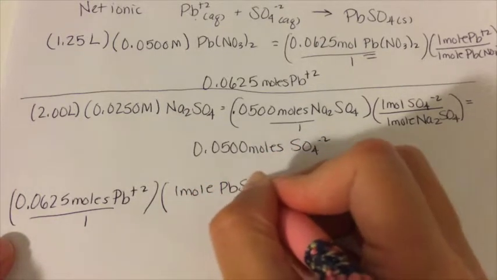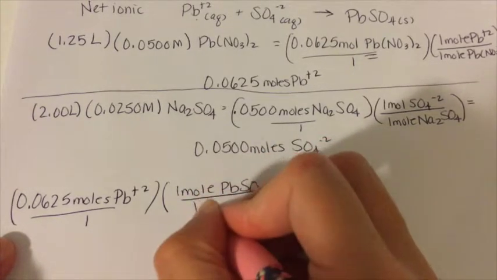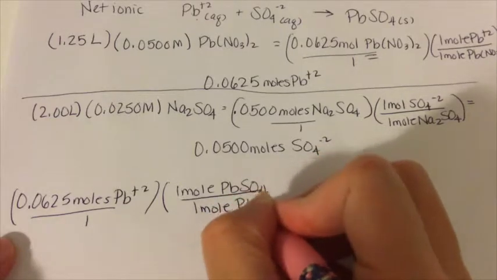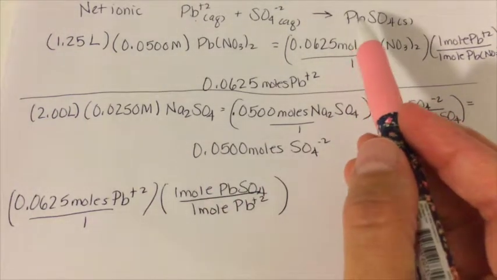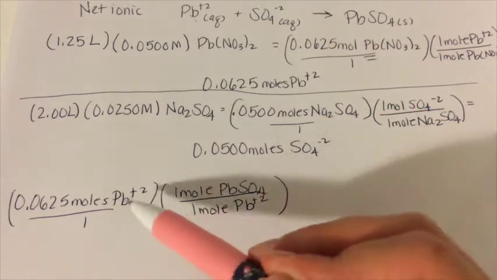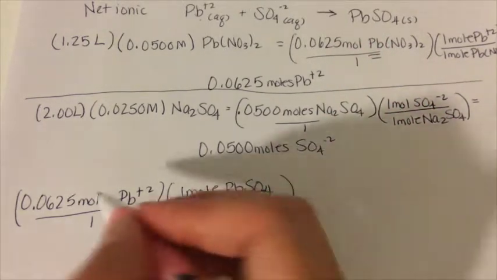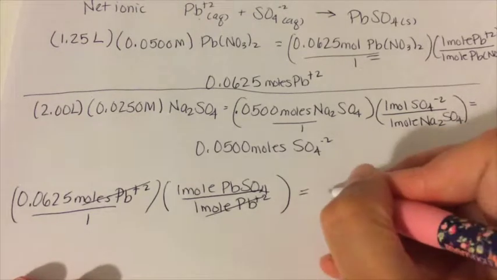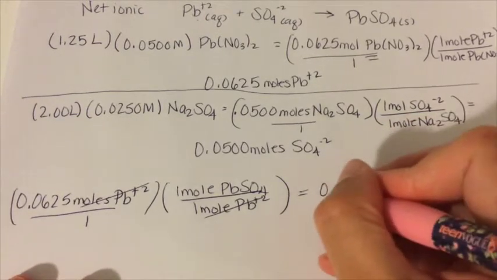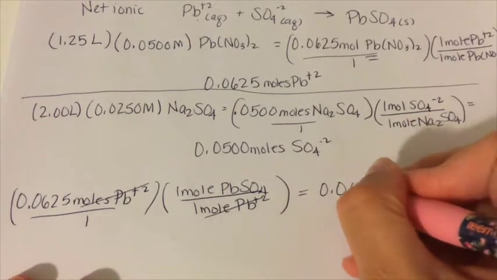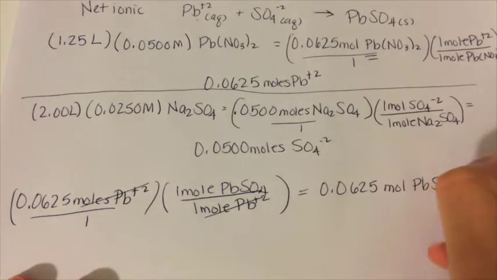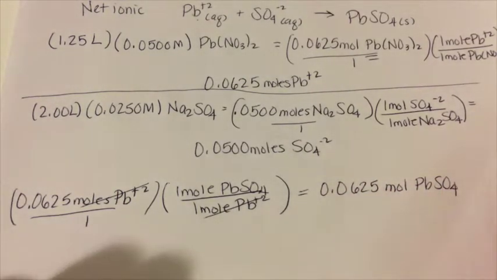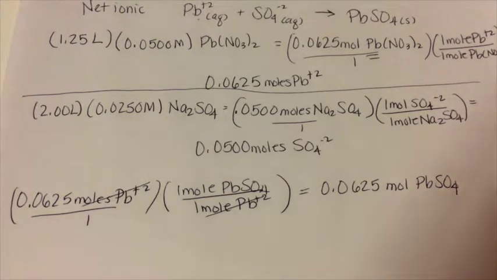Then we take the coefficients from the balanced equation, and it was 1 in front of the PbSO4. It was a 1 in front of the Pb plus 2, so now my moles of Pb plus 2 cancel. And this one has a theoretical yield of 0.0625 moles PbSO4. That is if the SO4 doesn't run out first.